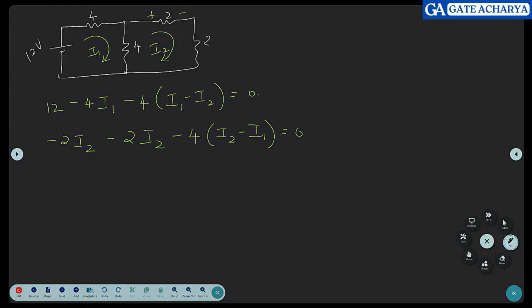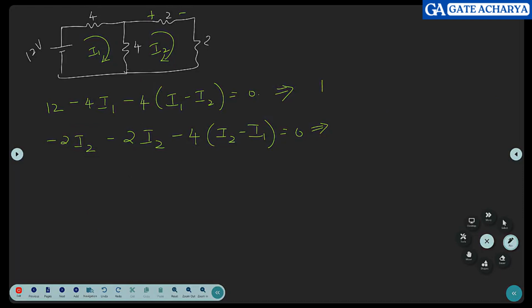Why don't you go ahead and solve these two equations? Reduce these equations and then solve. At least not solve, at least reduce them into I1 and I2.